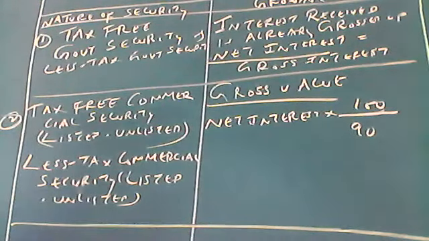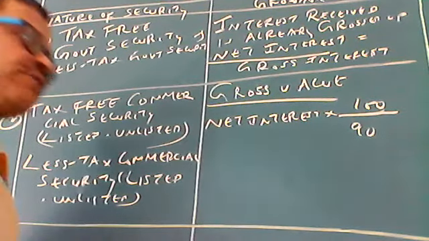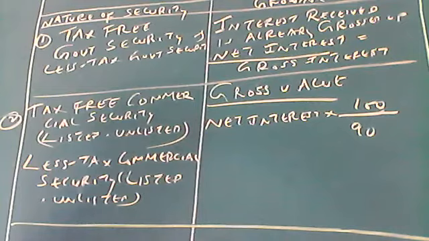So if it is a tax-free government and less tax government security, no need of grossing up. You have to directly calculate net interest. And in case of tax-free commercial and less tax commercial security, you have to calculate gross value. Gross value is equal to net interest into 100 by 90. This is the way to find out the interest on securities in case of less tax and tax-free, government and commercial security.